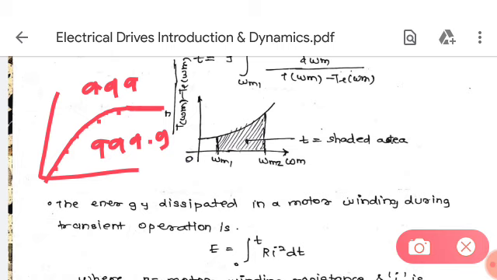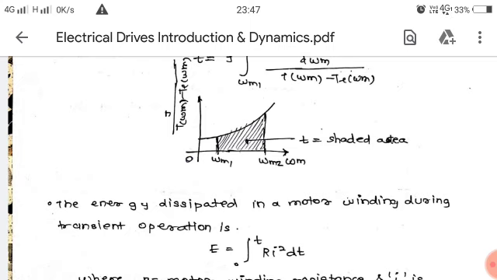Theoretically it takes infinite time to reach 1000 rpm exactly. That is why that equation will give you infinity if you put the final equilibrium speed as it is. Instead of that you have to put 0.95, 95% of the equilibrium speed.